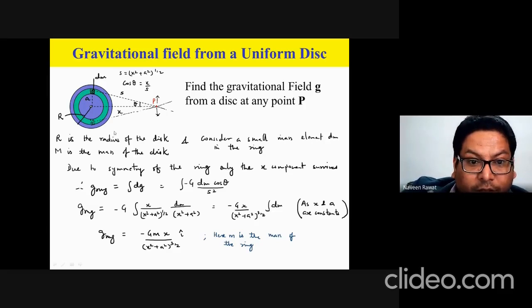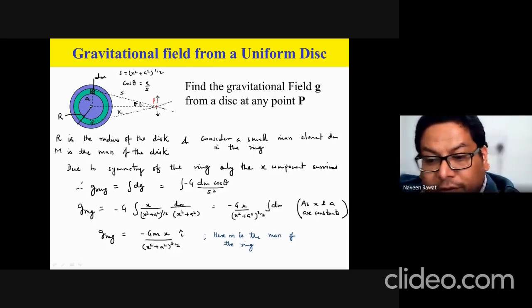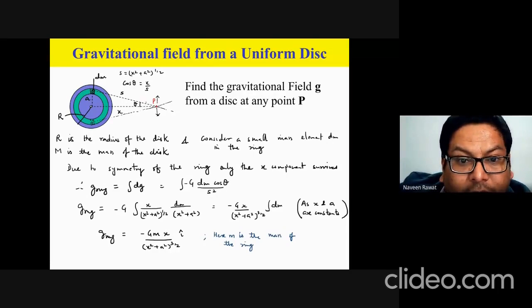So that is the radius of the entire disk, and capital M is the mass of the disk. So first let's find it for the ring. If you look at the symmetry of this problem, there will be some attractive field created by this mass element that will be pointing in this direction right here.